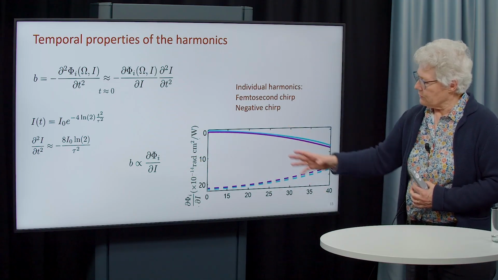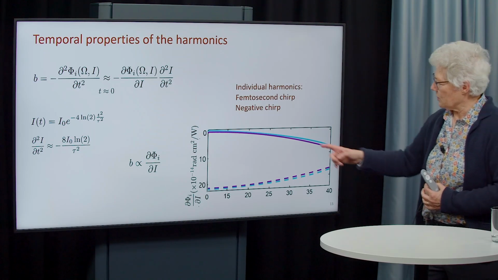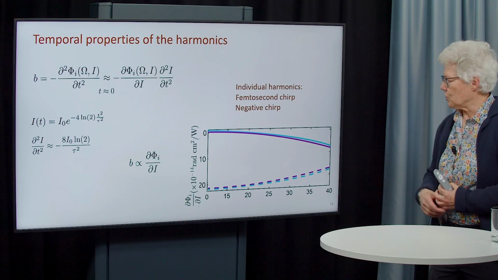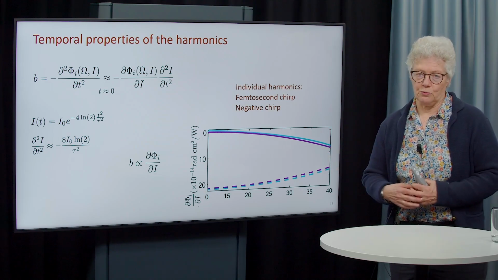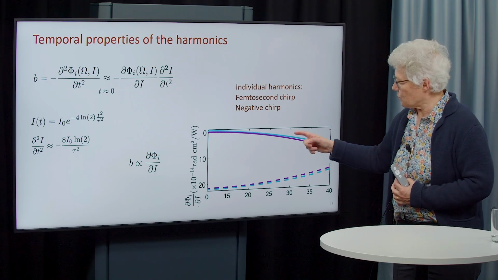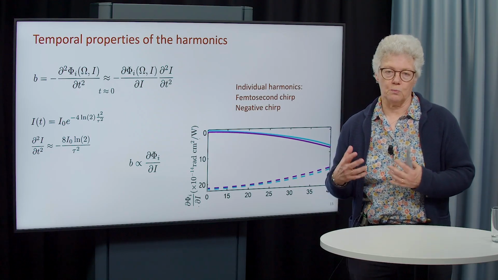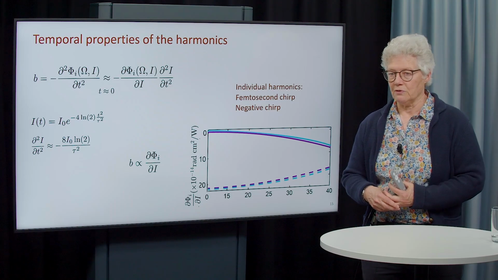And this is a plot of this derivative as a function of the intensity. There are two colors here, which refer to the very simple parameterization that I have presented, as well as a calculation using the strong field approximation. You see that both calculations agree very well.